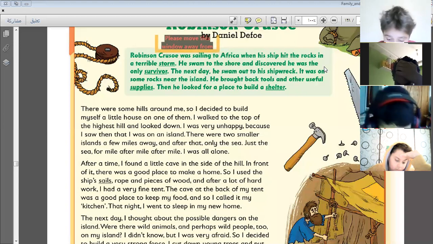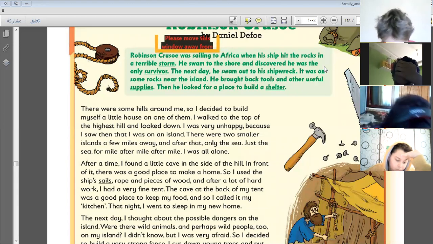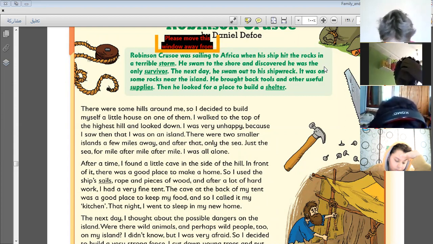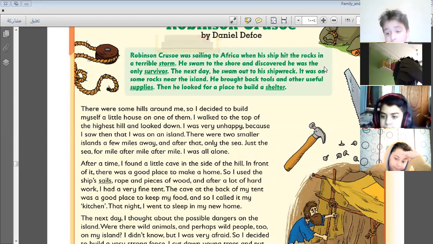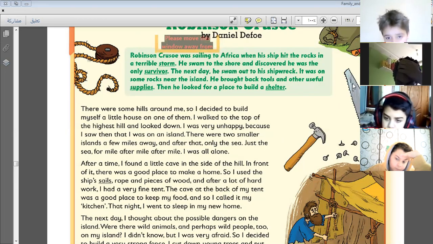After a lot of hard work, I had a very thin tent. The cave at the back of my tent was a good place to keep my food, and so I called it my kitchen. That night, I went to sleep in my new home. Thank you very much. Thank you both.